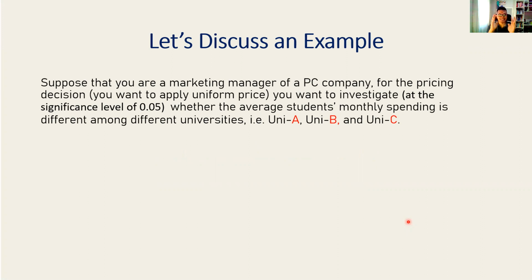For the pricing decision, whether you want to apply the same price for universities A, B, and C, you have to investigate whether the average students' monthly spending in universities A, B, and C is different or similar. If they are similar, then you can apply a uniform price policy. If not, then you have to take another policy, for example, differentiated pricing schemes.